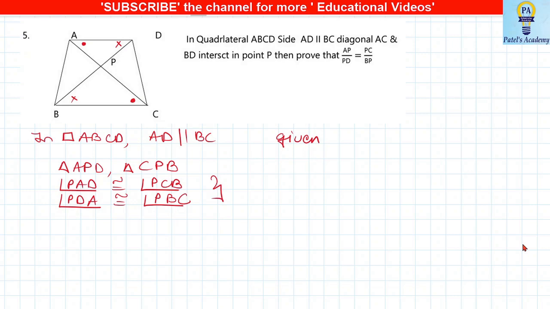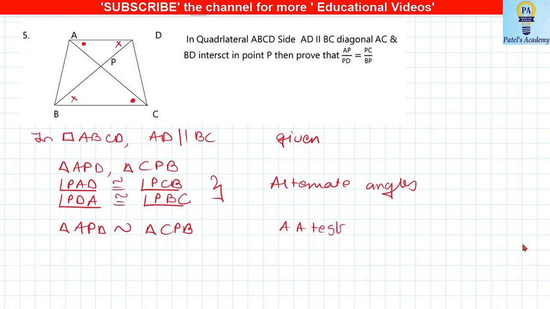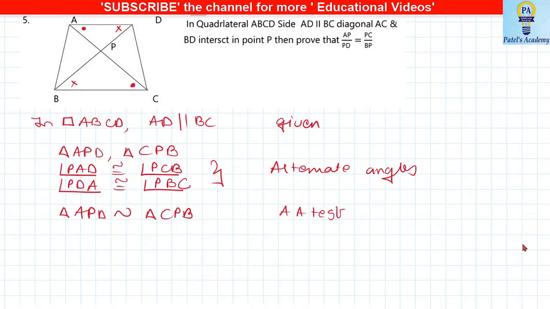Okay, for both the reason is alternate angles, so that is enough to prove the triangle is similar. So I can say that triangle APD is similar to triangle CPB. Reason is AA test.